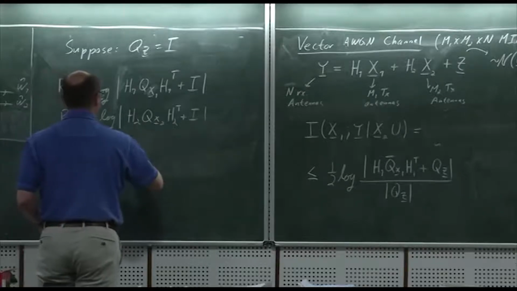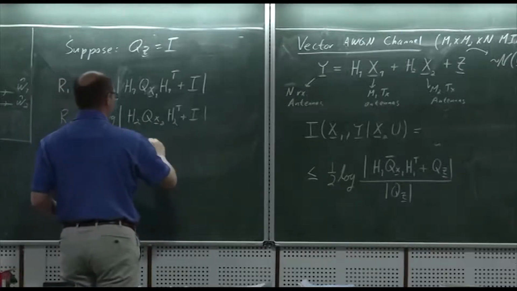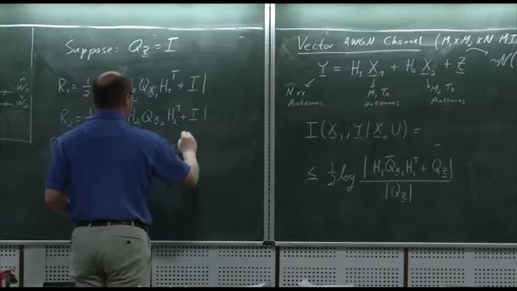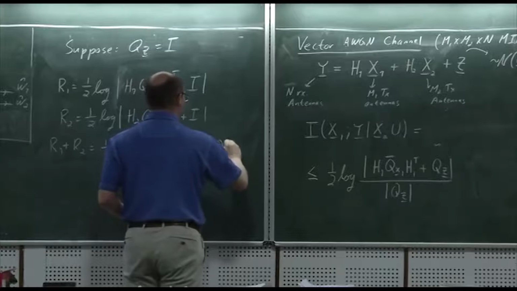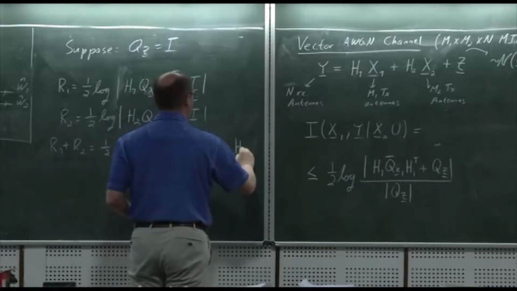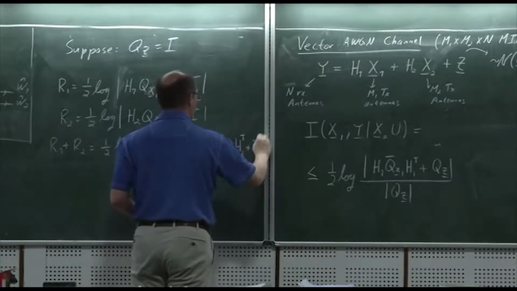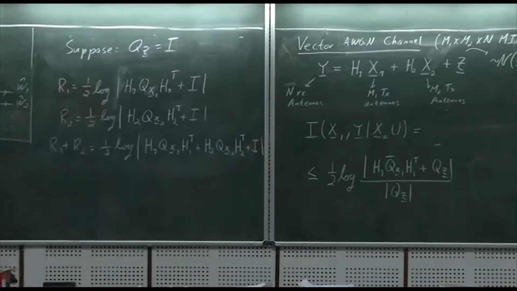We'll get log of what you would expect, H1 QX1 H1 transpose plus H2 QX2 H2 transpose, because they're independent, plus I, determinant. Right? So those are our rates.